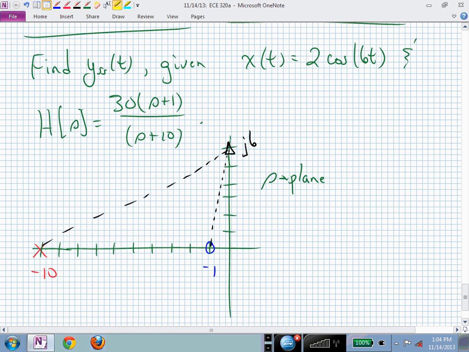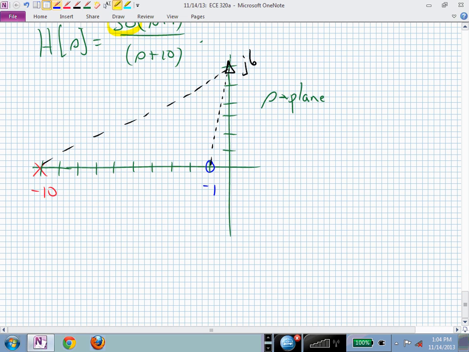And I also need to keep track that the transfer function is in pole zero form, so that 30 is one of the scaling factors that I have to include when I find the lengths of my zero and pole factor. But now I can simply say, oh, I need H of j6, and that's going to be this L sub z and L sub p in the appropriate numerator and denominator, and an angle.